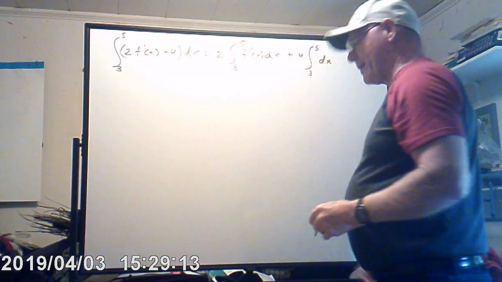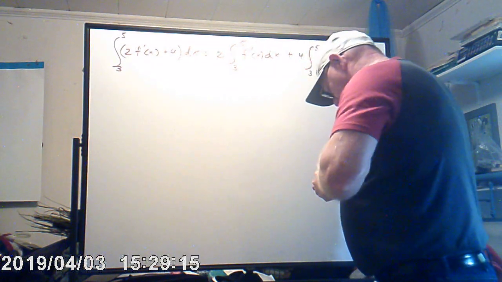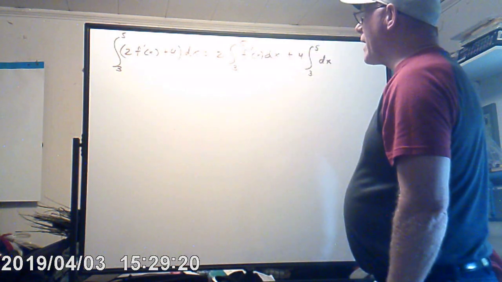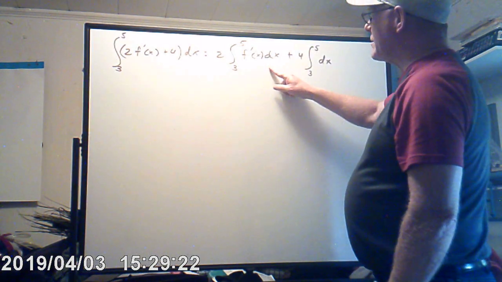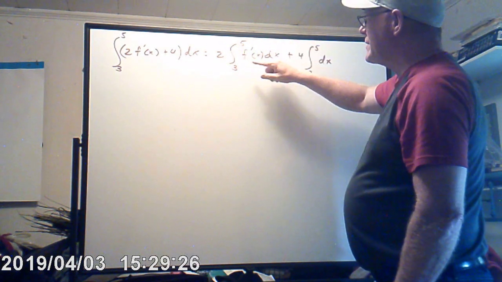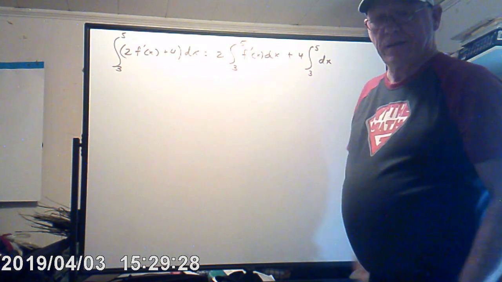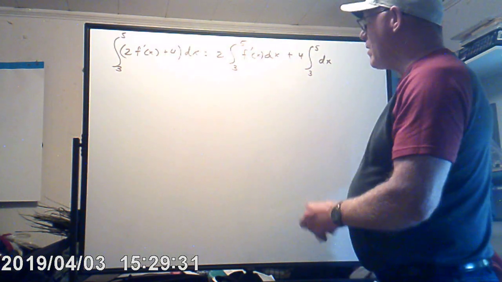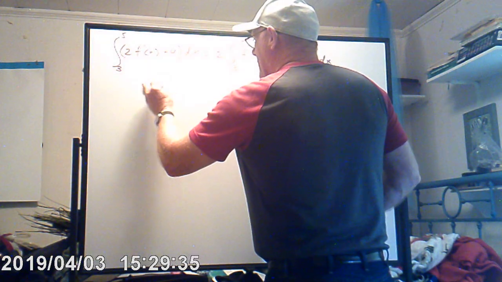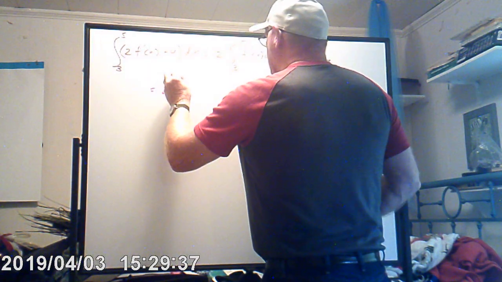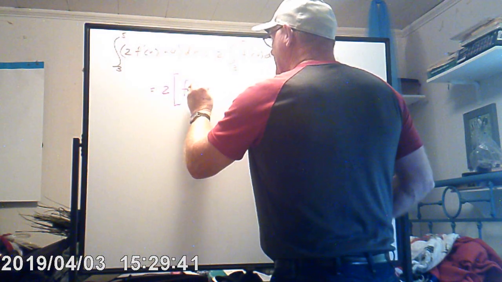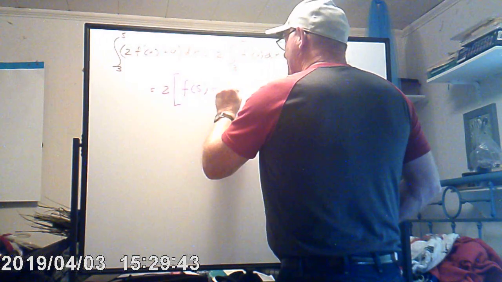Okay, there it is. In fact, maybe what I need to do is get another color, so let's do that. Now, this is the antiderivative of a derivative. When you have that, that is equal to 2 times L at 5 minus L at 3.